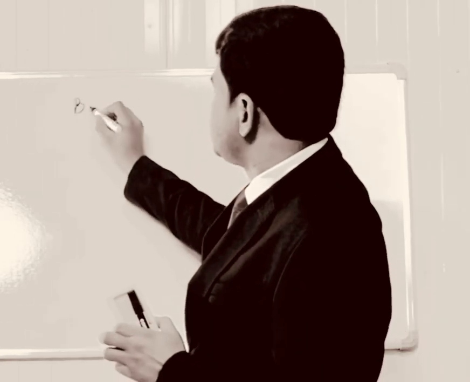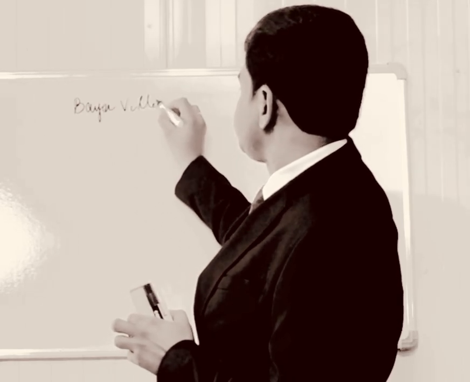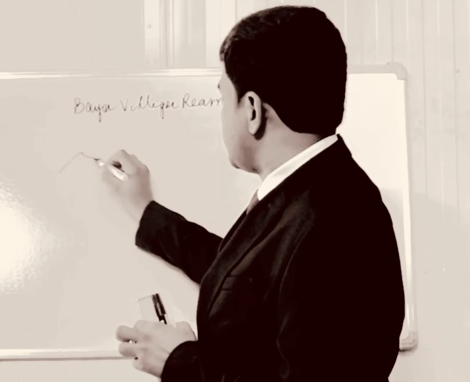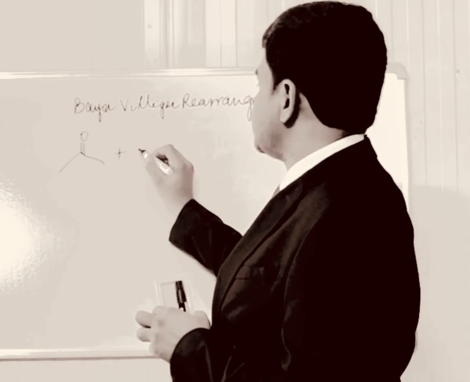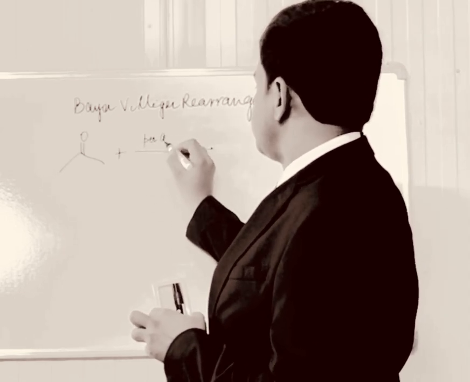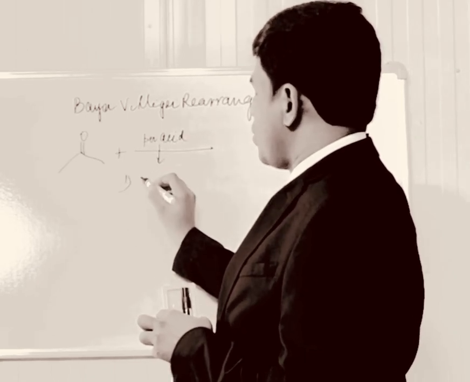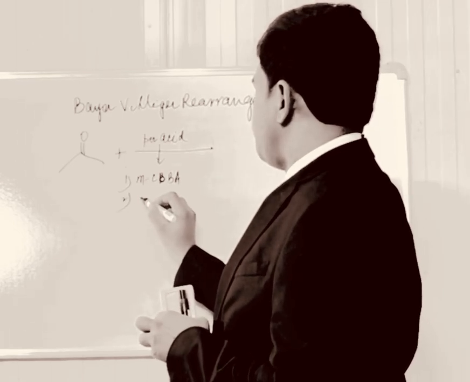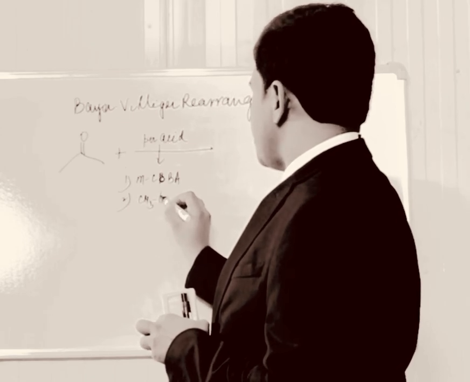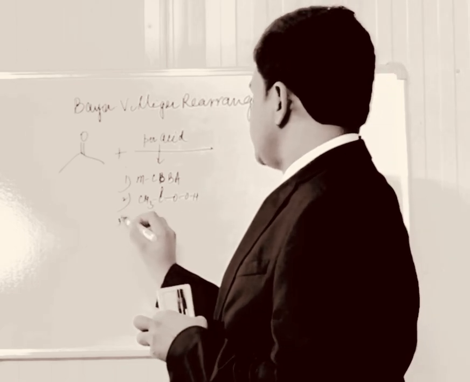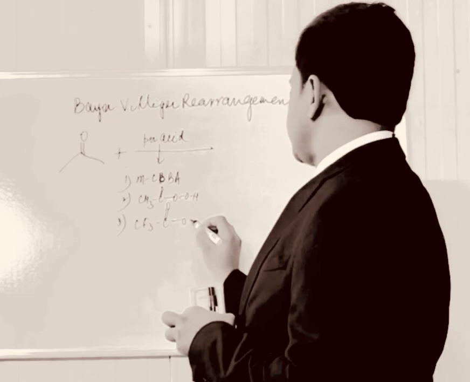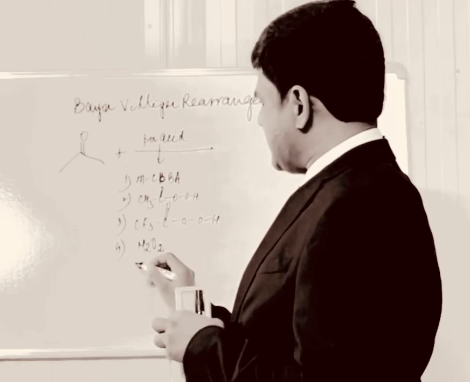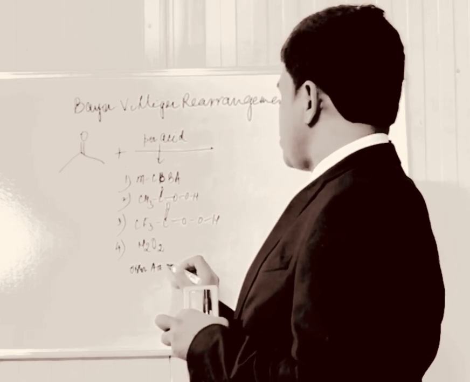And like this, the Baeyer-Villiger rearrangement, in which if we treat a ketone with a peracid, the acid may be metachloroperbenzoic acid, simple peracetic acid like this, CH3COOOH, trifluoroperacetic acid, simple H2O2 in some cases, and some other acids are also reported for this case.